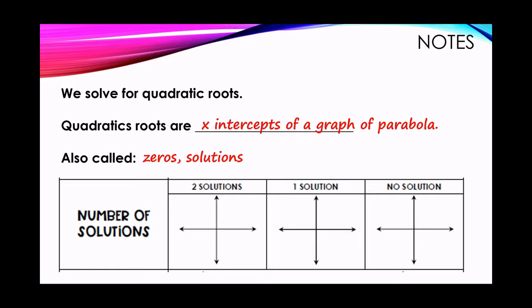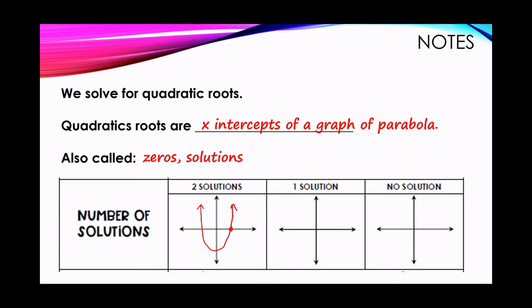Okay, now if you look up here, you're going to draw this out. What you see on the video, we're just going to do a little basic demonstration, right? So with parabolas, we can either have two solutions, one solution, or none at all. And so just a little sketch: if I have something that looks like this on my paper, you can see that I have two solutions.